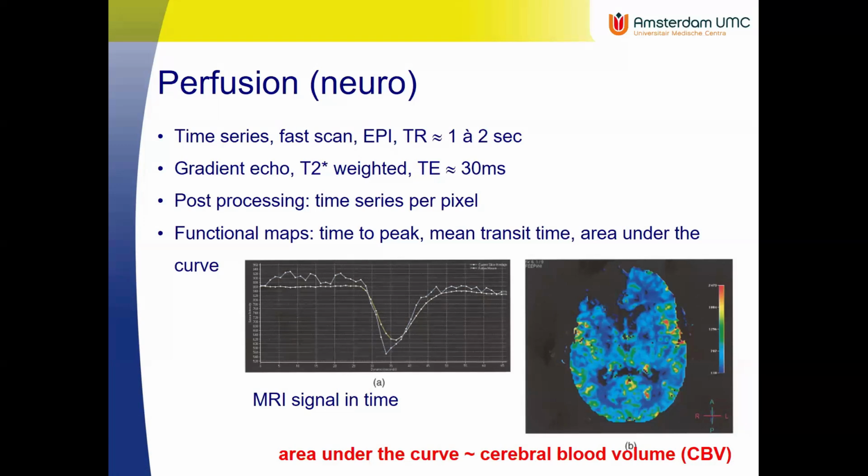And in oncology, most patients get a contrast agent administration anyway, because the tumors are really nicely highlighted on T1 weighted imaging. And because you administer the contrast agent, if you run the scanner with this dynamic sequence during administration of the contrast, you get this information for free.